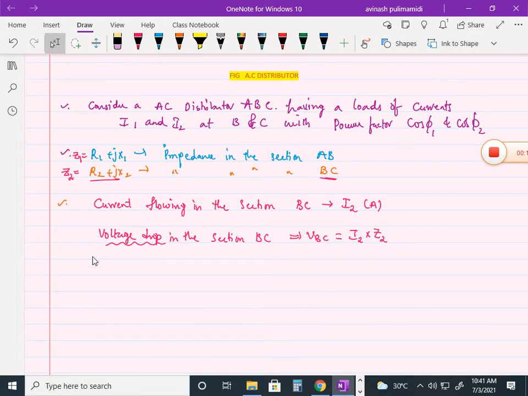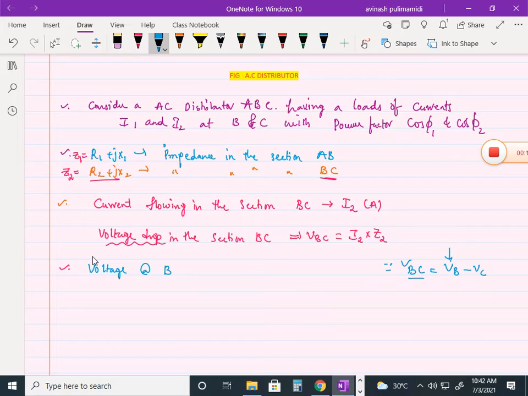Okay, voltage at B. Voltage at B is nothing but the voltage drop in section BC plus VC. Applying similarly, BC section voltage means VB minus VC.